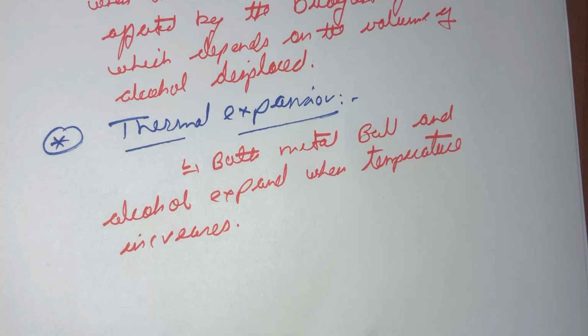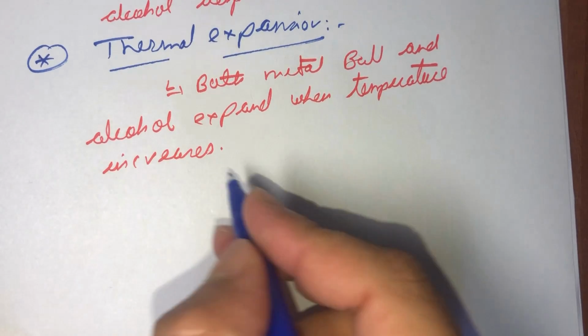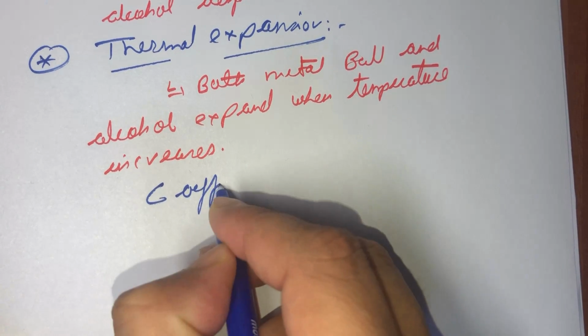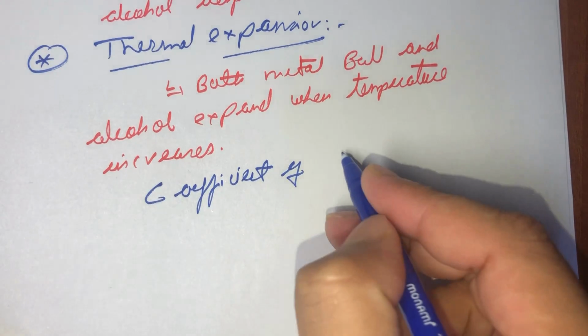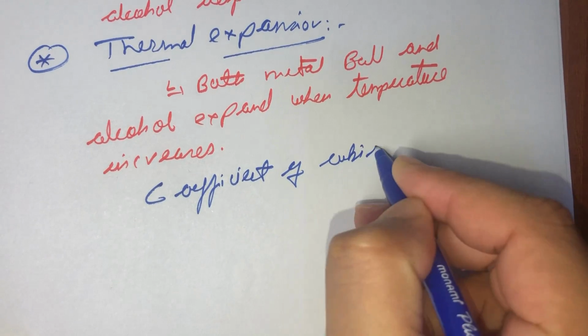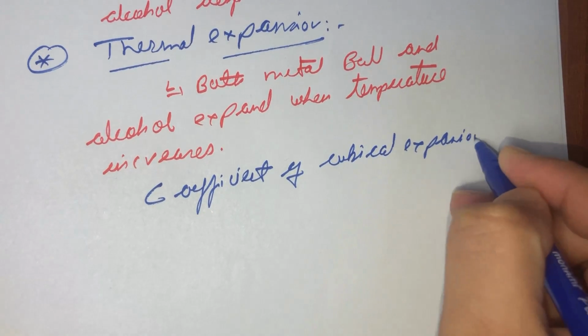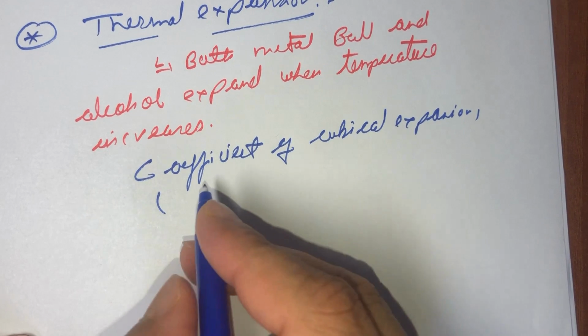And the other term which is associated is called the coefficient of cubical expansion. It can also be called volumetric thermal expansion.